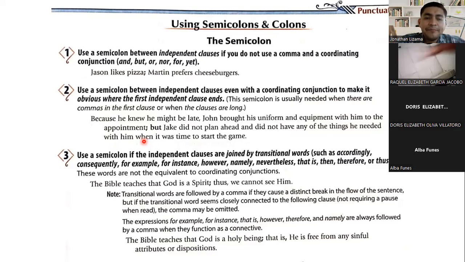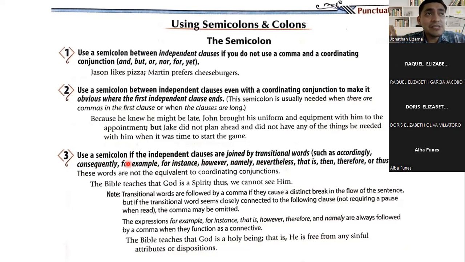Number 3. Mire que estas, me imagino que son cuestiones que son nuevas para la mayoría de ustedes, ¿verdad? Vamos a ver. Number 3. Use a semicolon if the independent clauses are joined by transitional words. Palabras transitivas. La otra vez les mencionaba las transitional words.